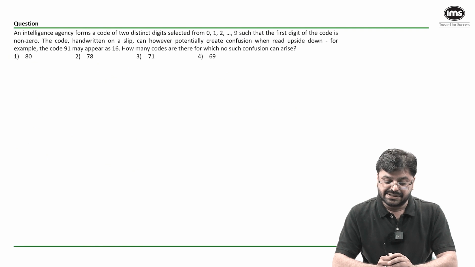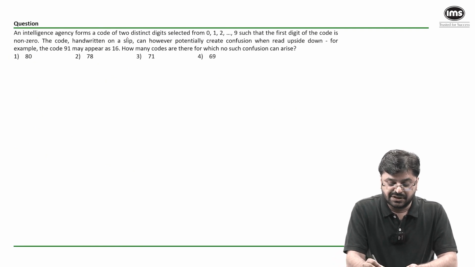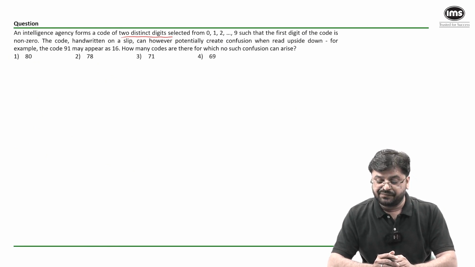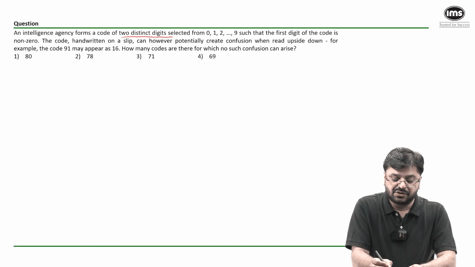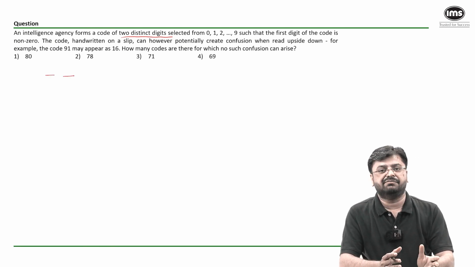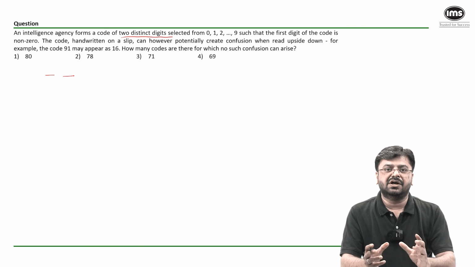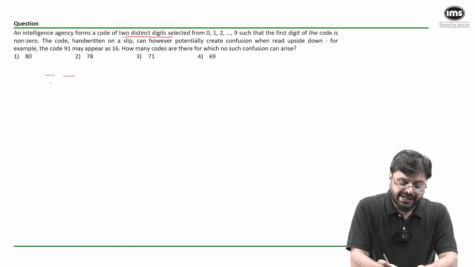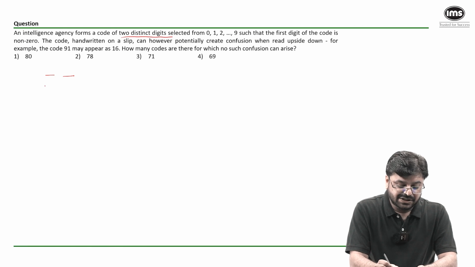An intelligence agency formed a code of two distinct digits. It is a two distinct digit code selected from 0 to 9 such that the first digit of the code is non-zero. So you want to make a two-digit code not starting with 0 actually. So I can fill this place with any of the digits from 1 to 9.